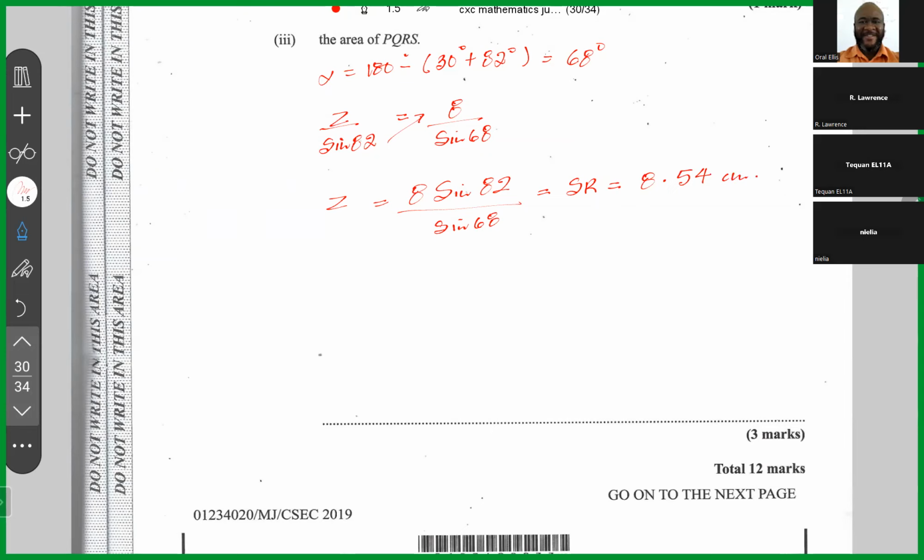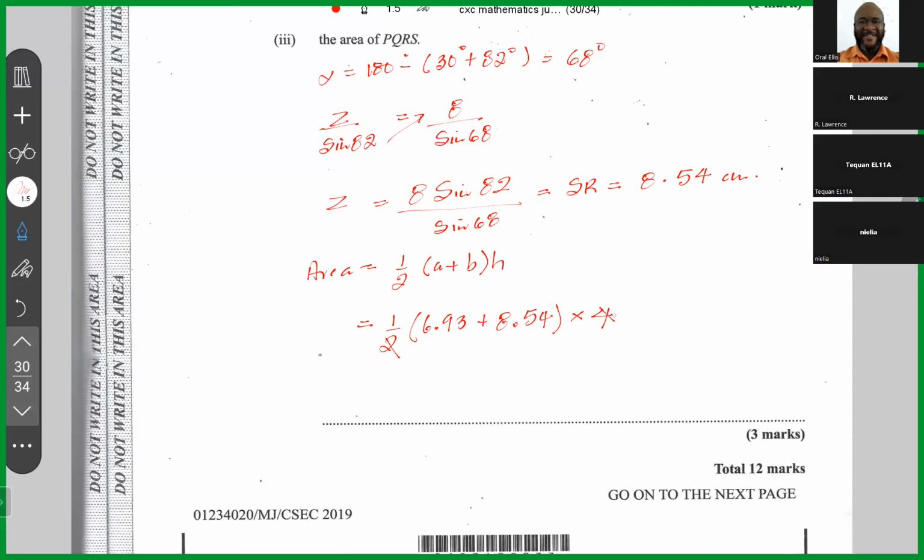So now the area of the trapezium is equal to a half A plus B, which are the sum of the parallel sides, times the height, which is the perpendicular distance between them. So it's a half, 6.93 plus 8.54 times the height, which is 4 centimeters.